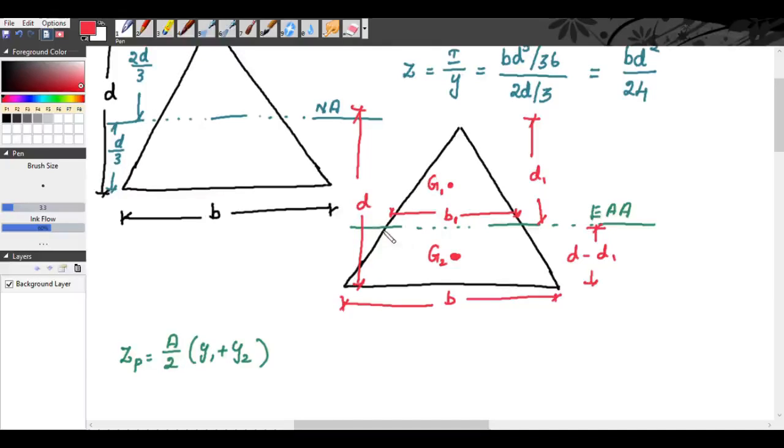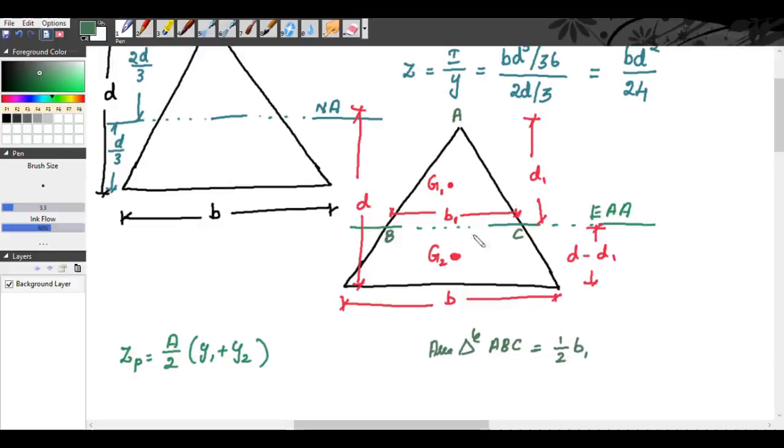Let us name this triangle as A, B, C. So the area of triangle ABC is equal to half into base. How much is base?